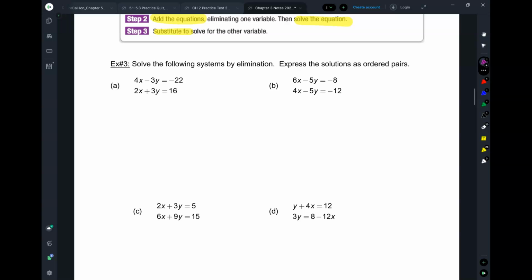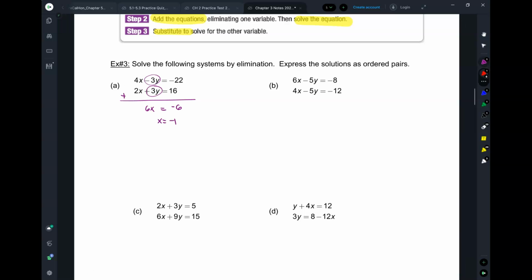So what I have to do now, since this is negative and positive of the same number, is just add the two equations. 4x plus 2x is 6x. Negative 3y plus positive 3y go away, 0, equals, add this, so you get negative 6. So what's x? Negative 1.